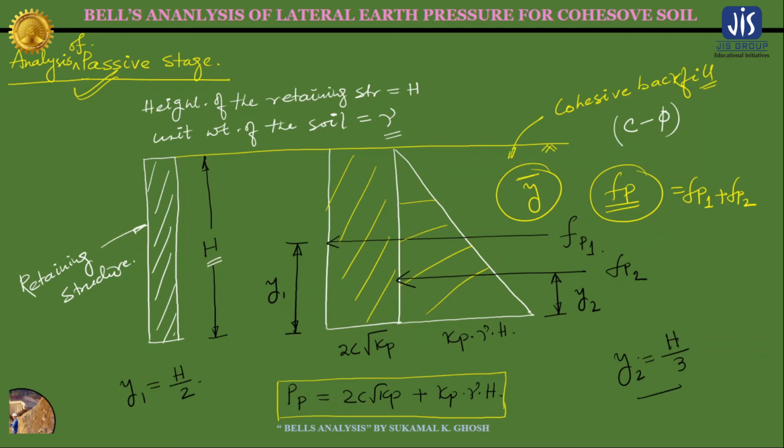But at the passive stage no tensile cracks are going to occur, hence we do not need to calculate the ZC or the HC. There can be another explanation: since the passive earth pressure cannot be zero, unlike the active earth pressure, we don't need to calculate this HC or the ZC.